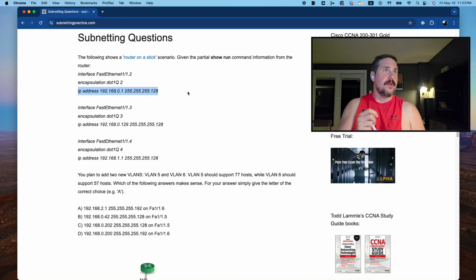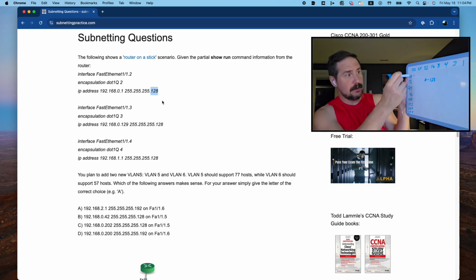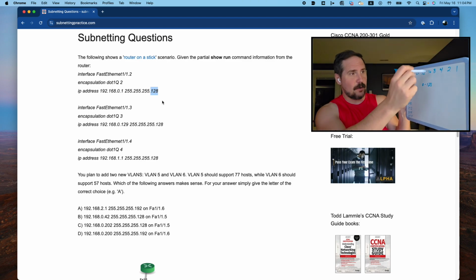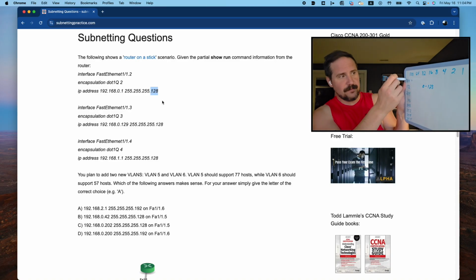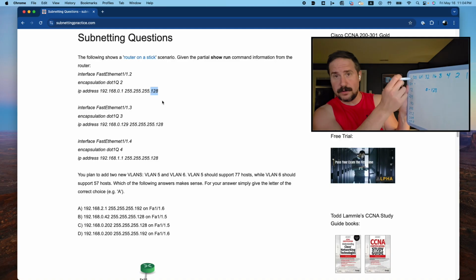Okay, so this range for the first subnet space is 192.168.0.0, so 0 to 128. Because with a subnet mask here in the fourth octet of 128, I go by the top row where that falls to get my block size. And for a subnet mask of 128, block size is 128.